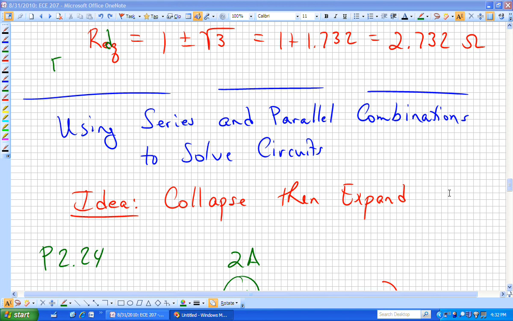Which way is the current coming out of the terminal? Is the current going into the positive terminal as we've labeled V sub 3? Our passive sign convention says if our current is going into a positive terminal, it's absorbing power. Now if it ended up being negative, say -6 being absorbed, it's actually delivering or supplying 6 watts of power.